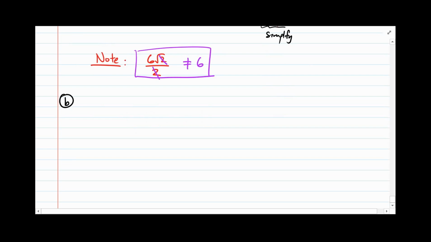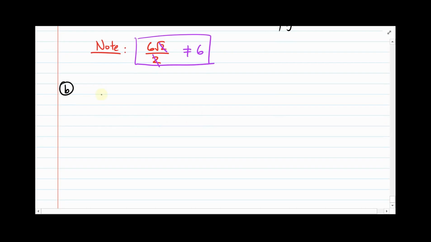Let's take a few more. If instead I have, starting out a little easy here, 4 over root 8, what you can do first is simplify the square root in the denominator. 4 times 2 is 8, so I would have 4 over 2 root 2.